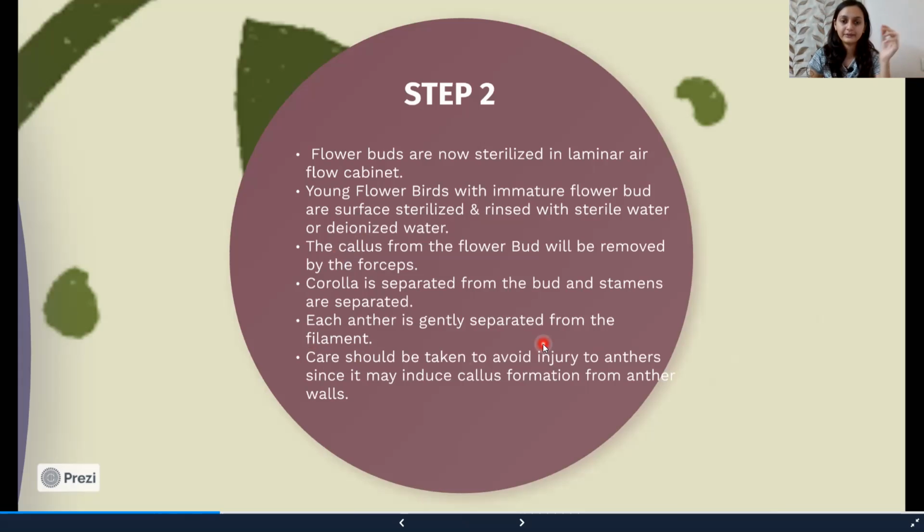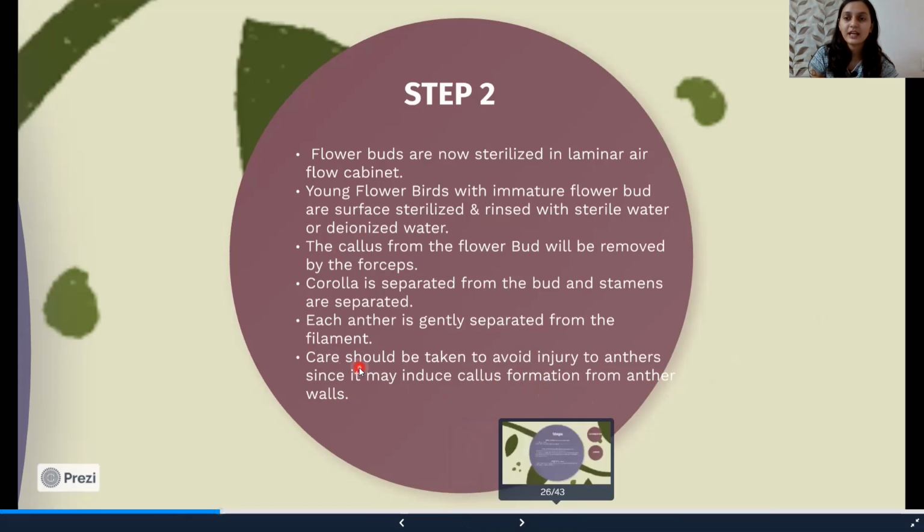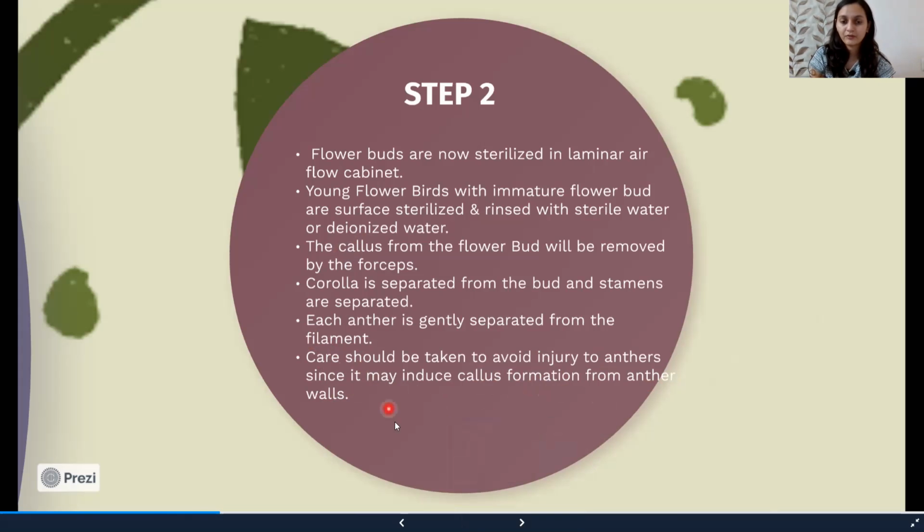Gently they are separated with the help of a scalpel and forceps, and we remove the anther filaments to avoid injury to the anther, since injury induces callus formation from the other anther walls. So they are gently removed from the flowers.